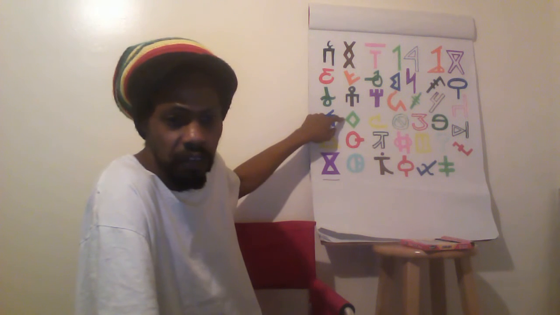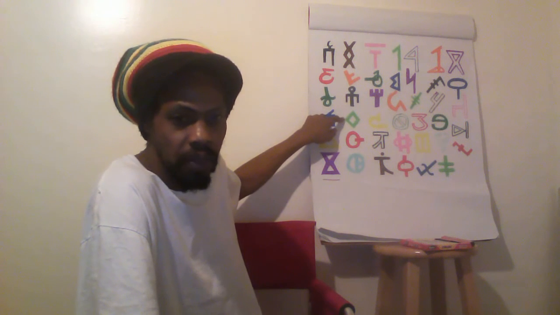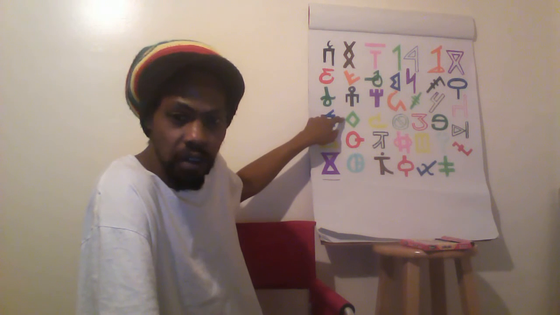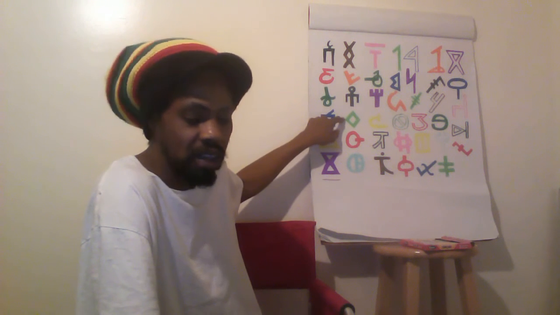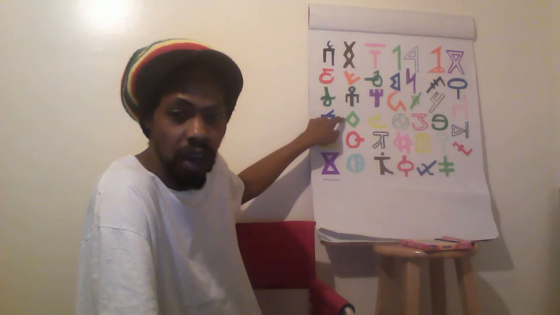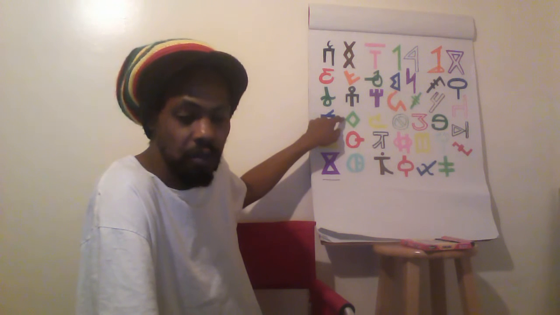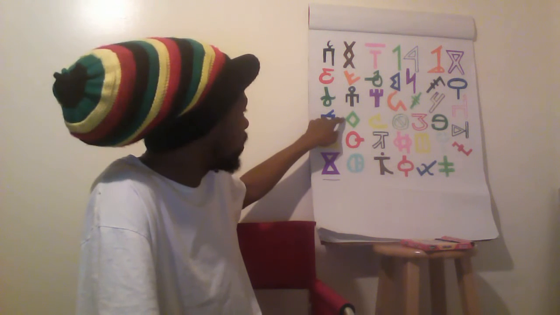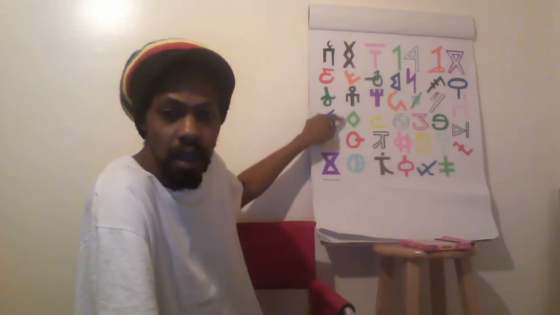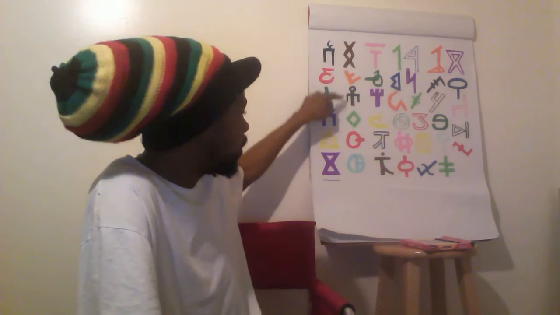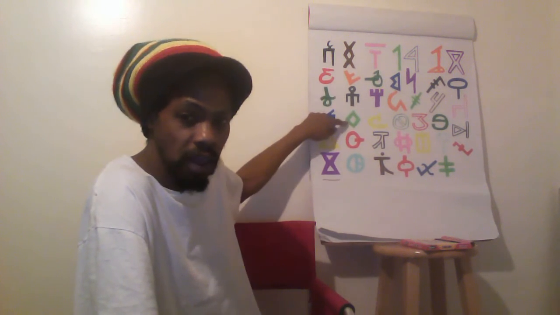However, they differ in that there's an exasperated F sound where it's like a P, as in the word philosophy or philanthropist or the name Philip. All right? So you have Fi and Fe.